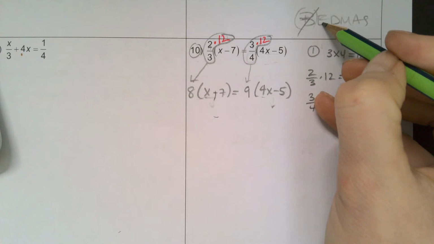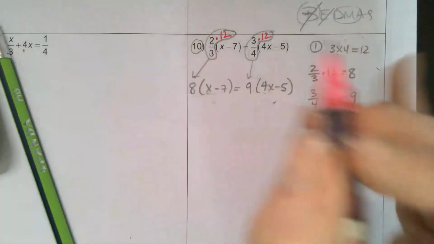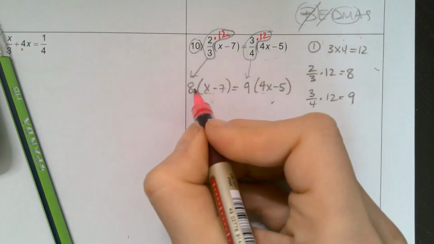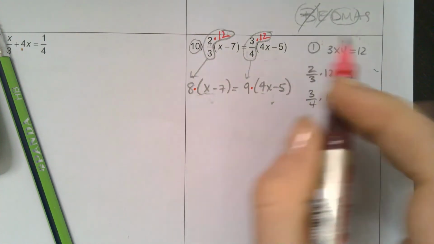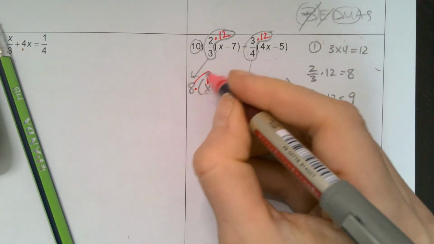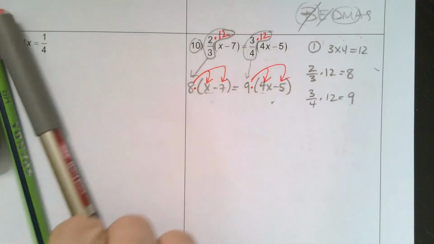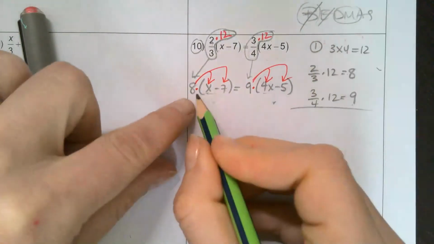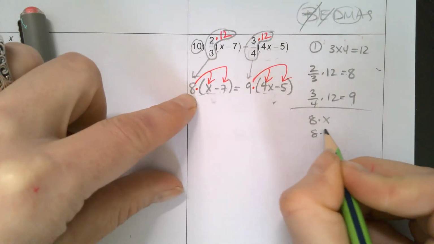I don't have any exponents. I have divide and multiply, maybe. I don't see any, but I know that here it's 8 times everything in the bracket, 9 times everything in the bracket. So I have to distribute it. Okay. So here it's 8 times x, 8 times negative 7.